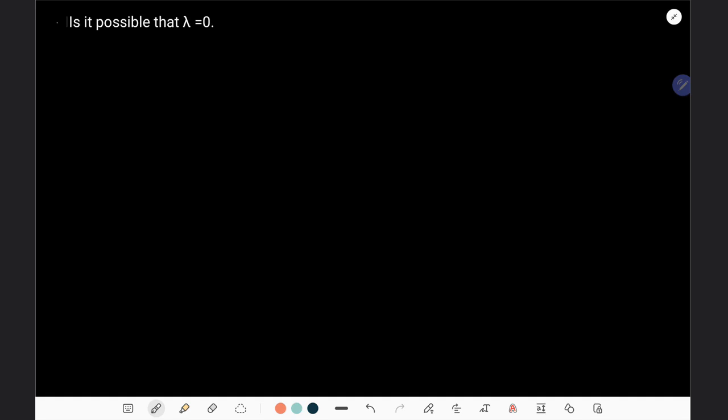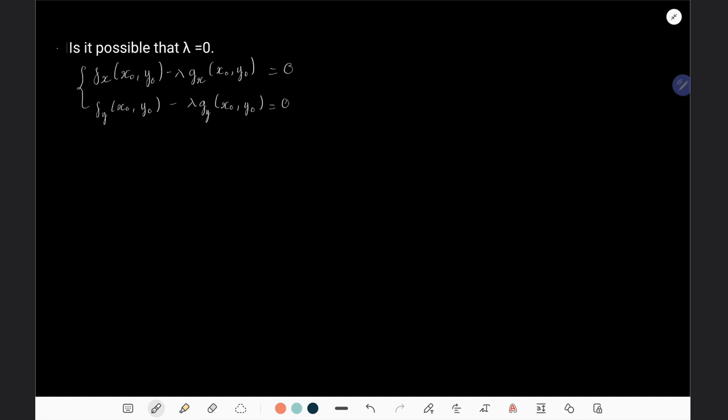For the next problem, is it possible that the Lagrange multiplier lambda equals 0? The answer is yes, it is possible for lambda to be 0. In fact, when lambda equals 0, the equations reduce to fx equal to 0 and fy equal to 0.